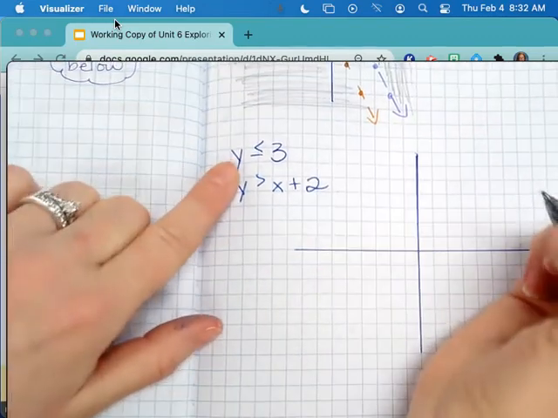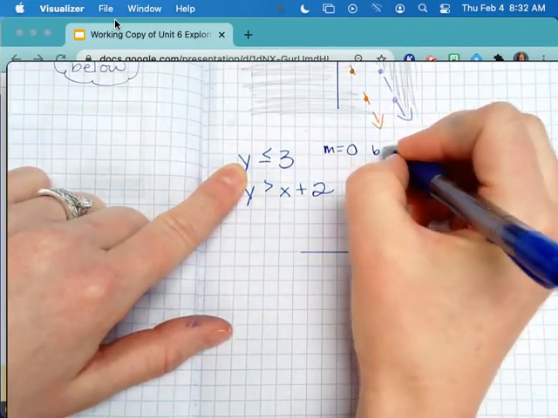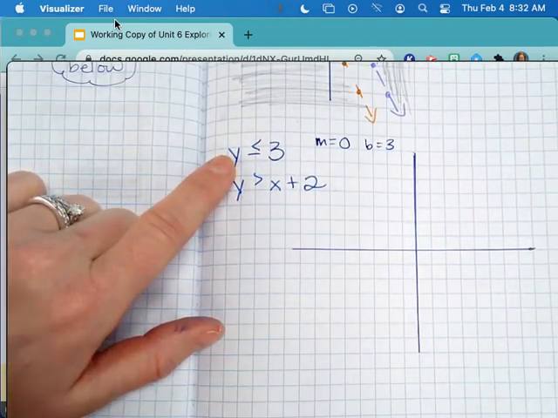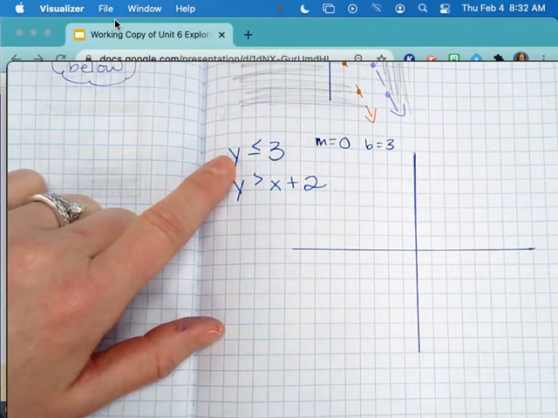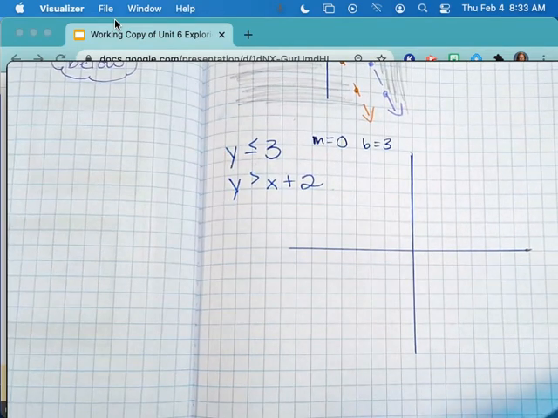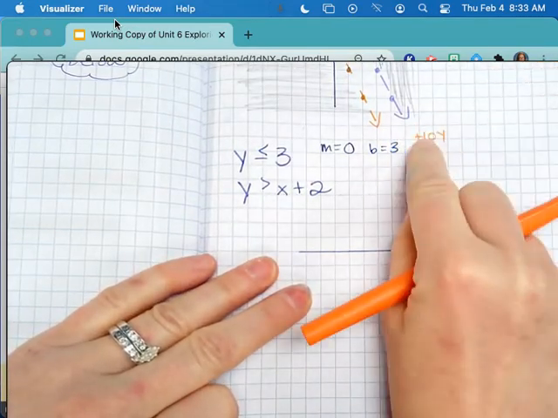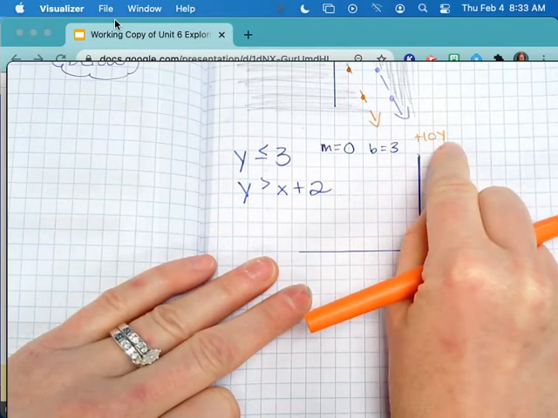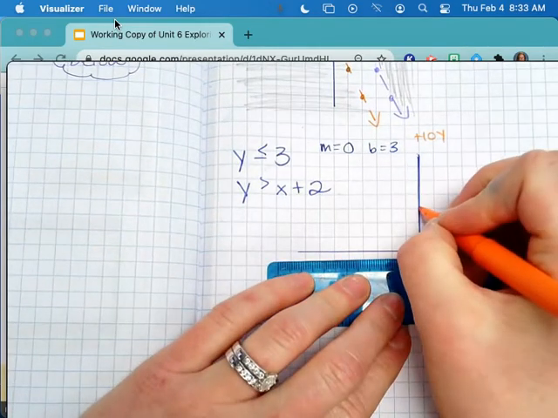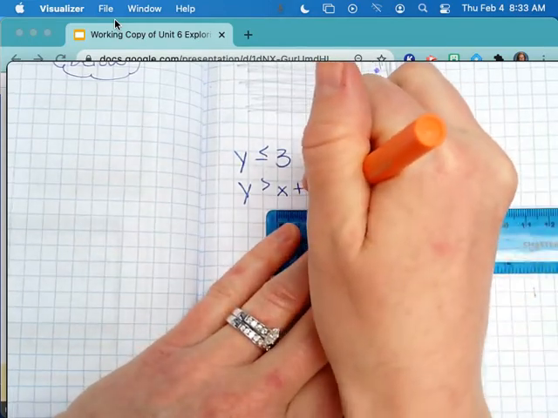So the first one has a slope of 0 and a y-intercept of 3. So what kind of line will that be? Look to the left of, remember Hoy and Bucks? Hoy means horizontal line, 0 slope, y equals the number. So it's a horizontal line at 3. And it's solid.